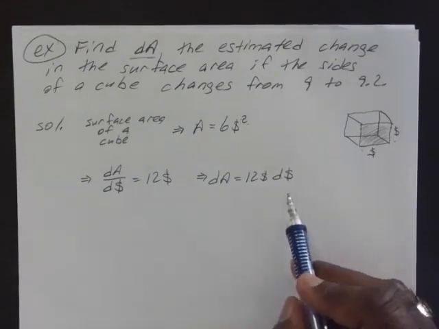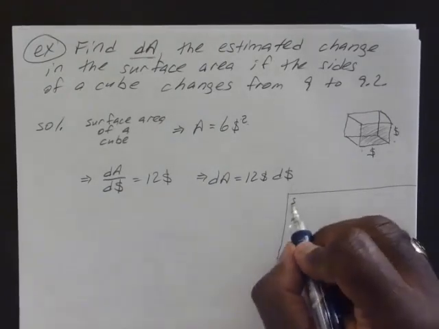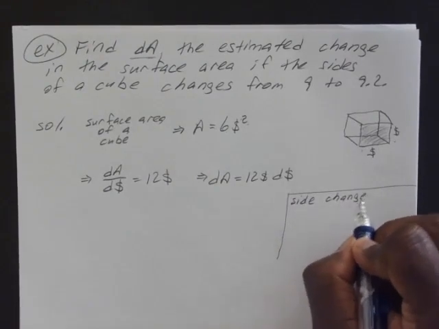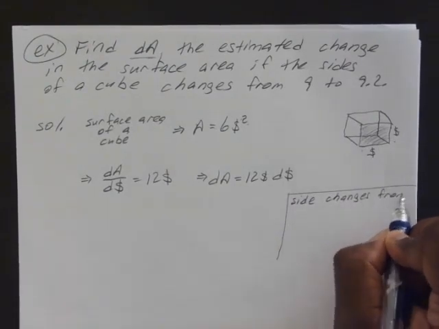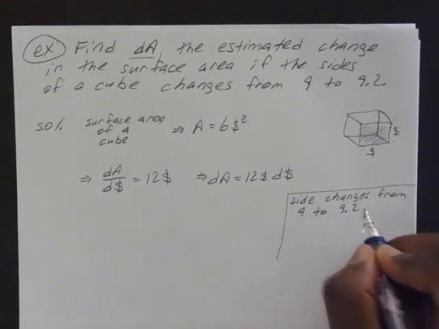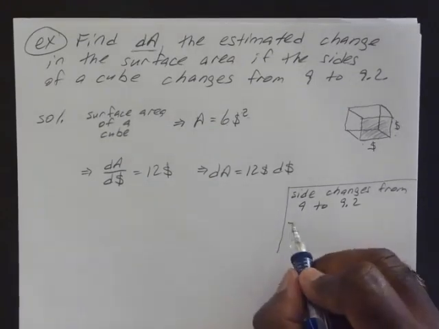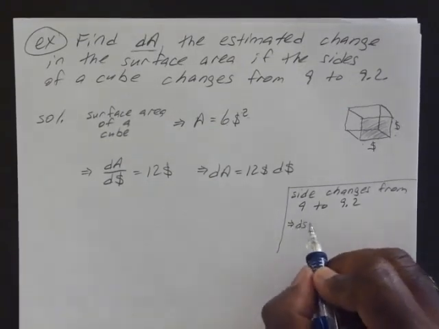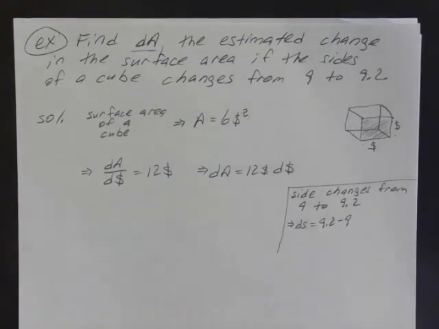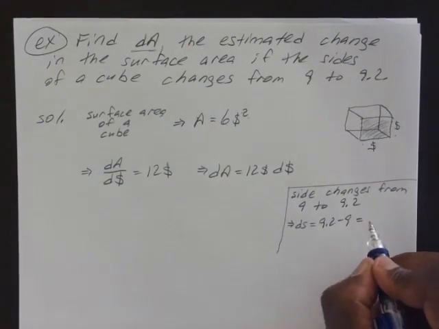Okay, so we know that if the side changes from 9 to 9.2, then your ds is just equal to 9.2 minus 9, which is just your change in s, which is equal to 0.2.